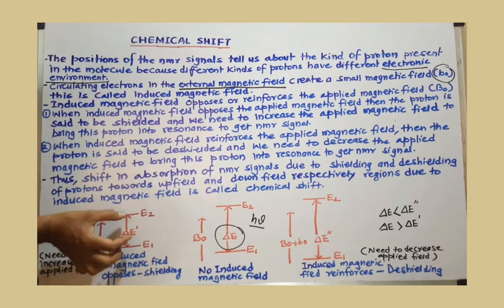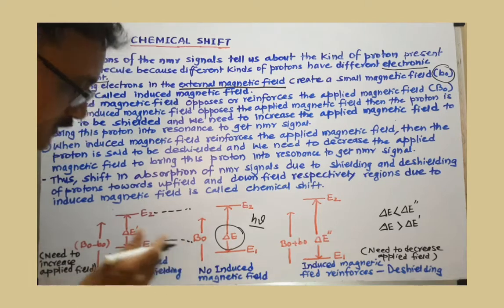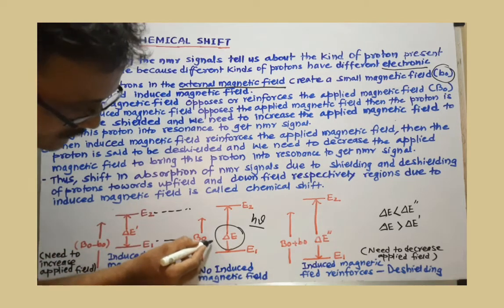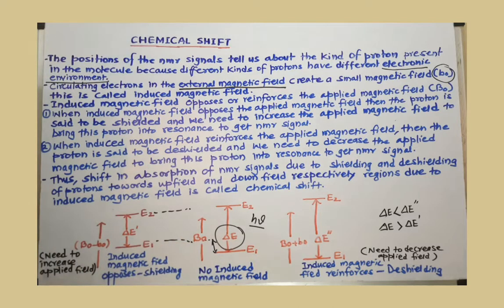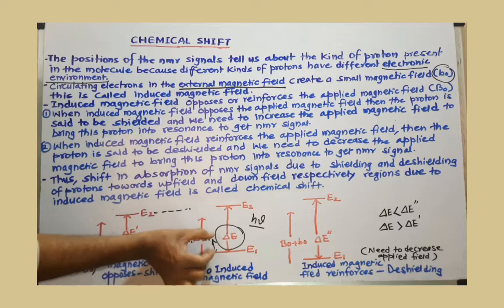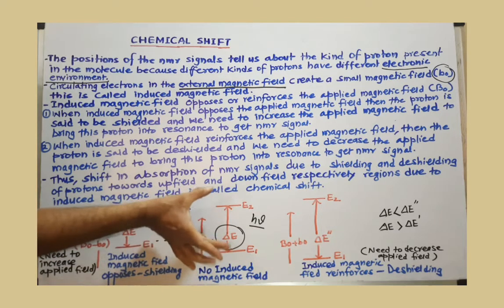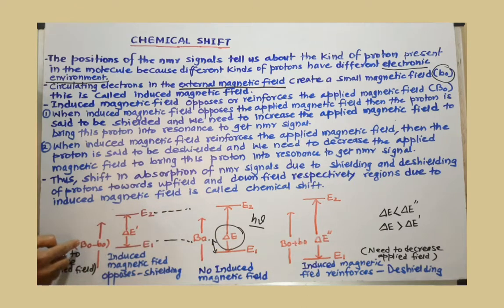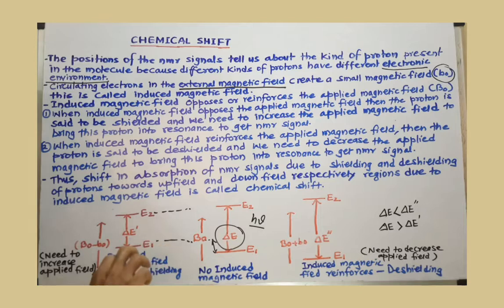So what is required? We need to increase this gap up to this one. Now you can check here, if I extend this, you can check here, this gap is more. So this gap is actually reduced by this quantity. Now what is required to increase this gap? This gap is directly proportional to the applied magnetic field. If you want to increase this gap, we need to increase the magnetic field.